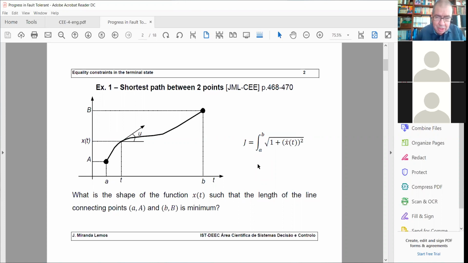Okay, so one important notion is curvature. And if it is a circle, the curvature is the inverse of the radius. If it's not a circle, you can think of an osculating circle. That is to say, a circle that is tangent to the curve, and that defines the curvature.